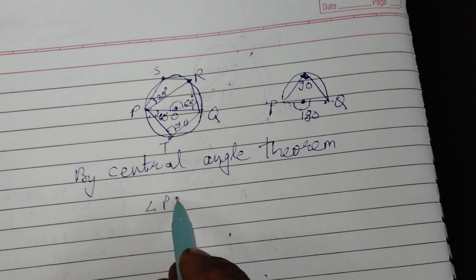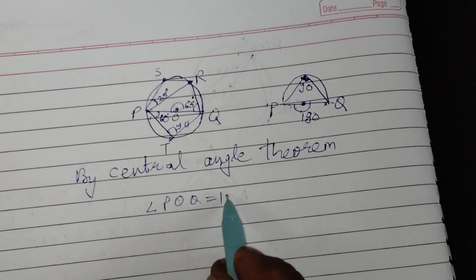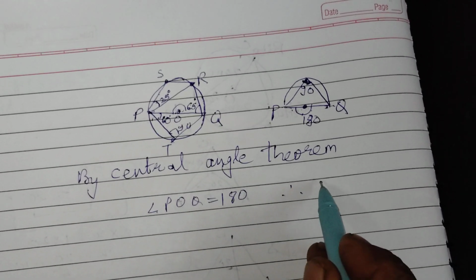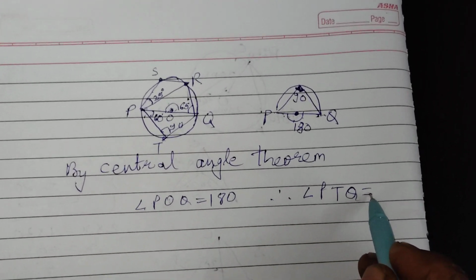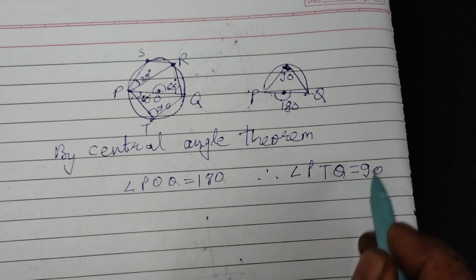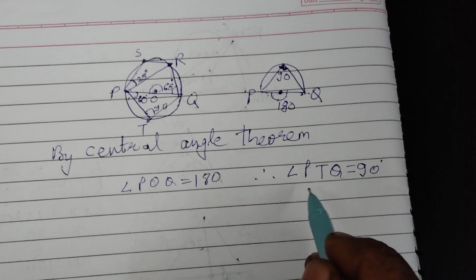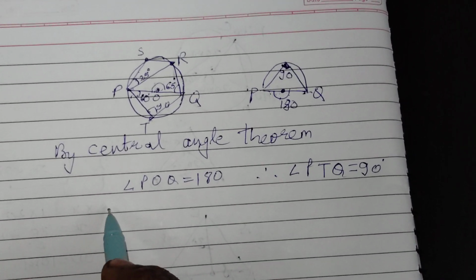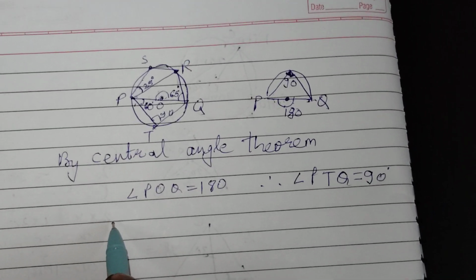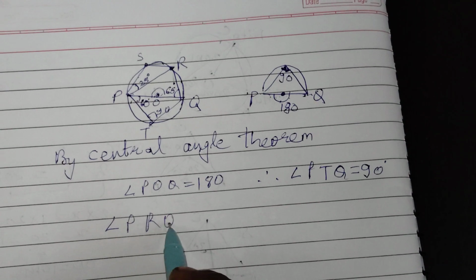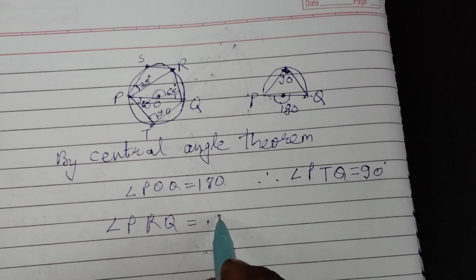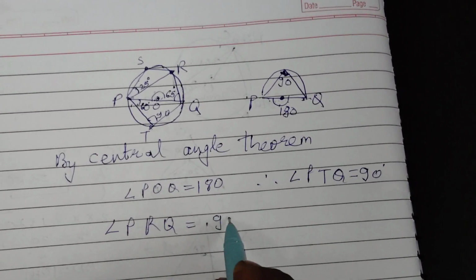Angle POQ, the central angle, is 180 degrees. Therefore angle PTQ is half of POQ, that means 90 degrees. Similarly, in the other half, angle PRQ is also half of angle POQ, so that means 90 degrees.